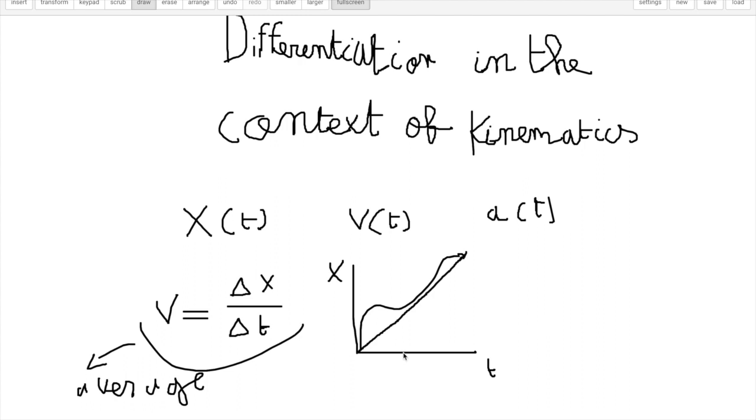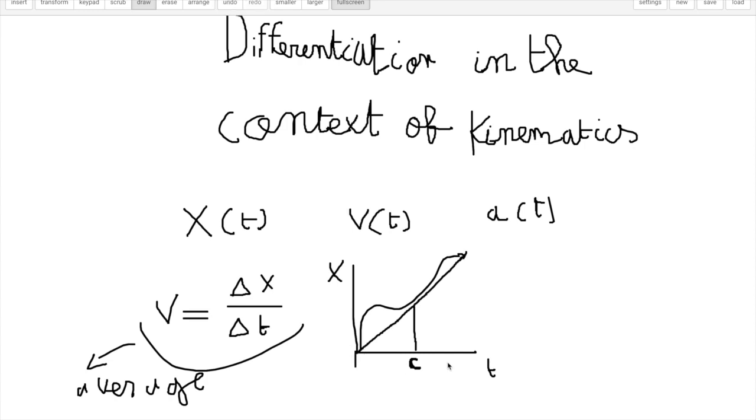So what if you wanted to find the velocity at a specific instant of time? Let's call that instant C. In order to do that, you take the limit as the change in time approaches zero. Say you have two intervals here, these bigger intervals.